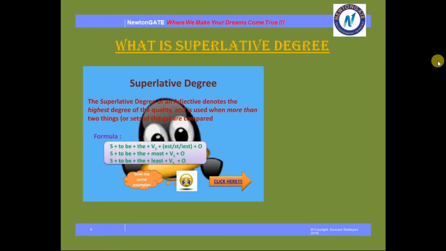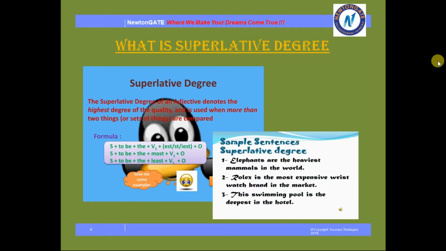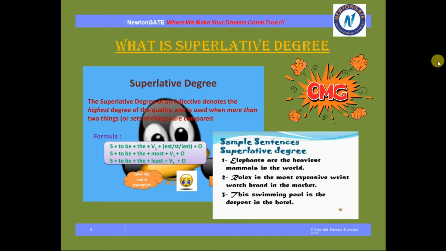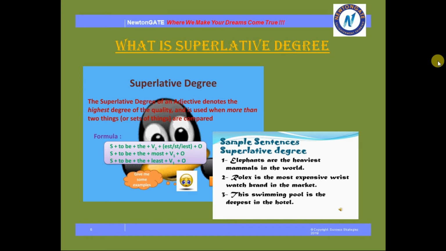Now, the third point is superlative degree. What is superlative degree? See, the superlative degree of an adjective denotes the highest degree of the quality and is used when more than 2 things or sets of things are compared. If you are comparing one thing with many, then that is superlative degree.